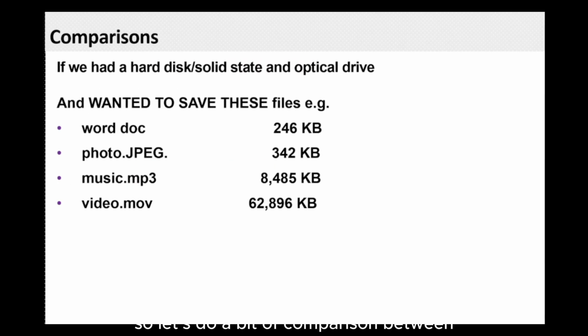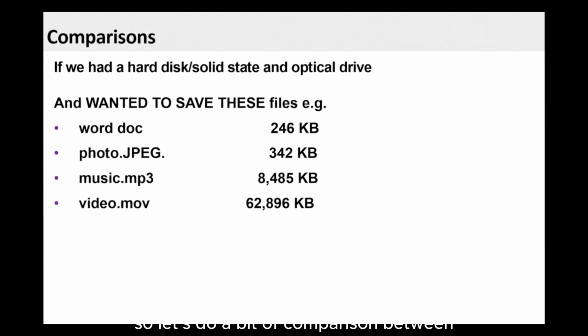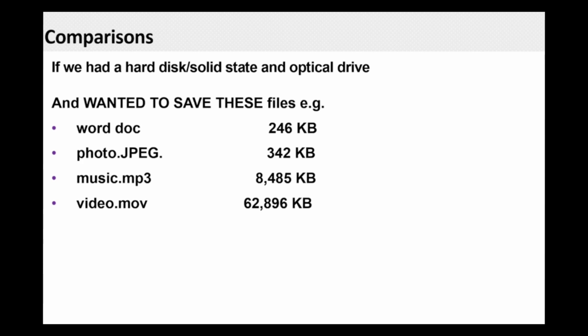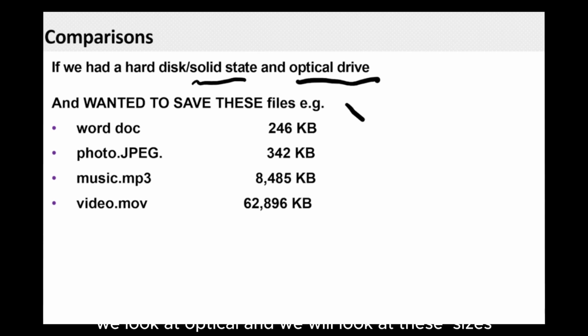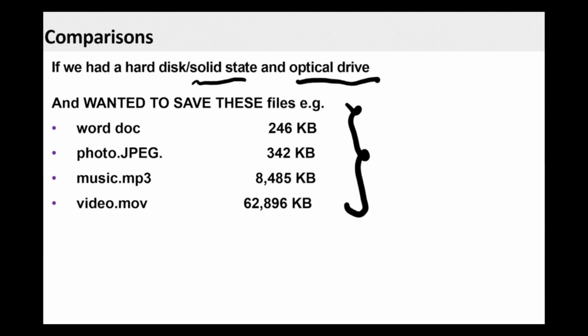Okay, so let's do a bit of comparison between different devices and different scenarios. So we will look at hard disk, we look at solid state, we look at optical, and we will look at these sizes. So we have got a Word document which is 246 kilobyte.